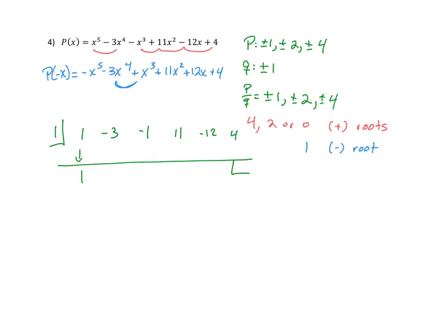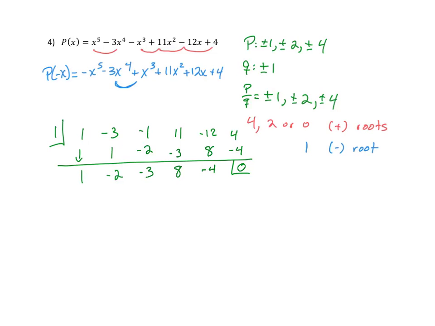Now I'm multiplying 1 times 1 is 1. Negative 3 plus 1 is negative 2. Negative 2 times 1 is negative 2. Negative 1 plus negative 2 is negative 3. Negative 3 times 1 is negative 3. 11 plus negative 3 is 8. 8 times 1 is 8. Negative 12 plus 8 is negative 4. And negative 4 times 1 is negative 4. So this is 0. That means that 1 is a zero of this polynomial.